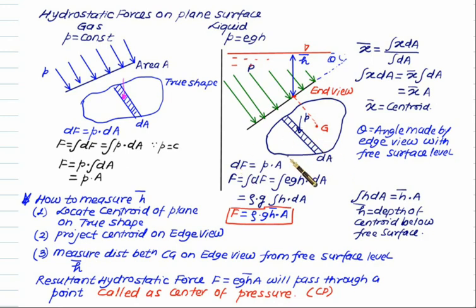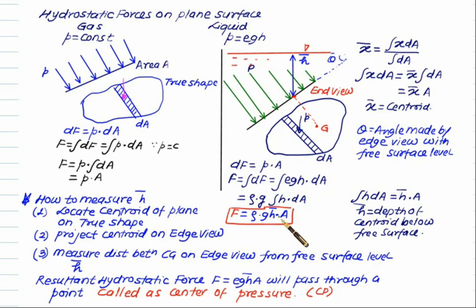The method of integration says that you compute the elemental force on one elemental area dA at height h, so the corresponding pressure will be rho gh multiplied by this area, and that will be the hydrostatic force on this element. Once you know the force on one element, do the integration over the entire area. So integral of dF equals integral of rho gh dA.